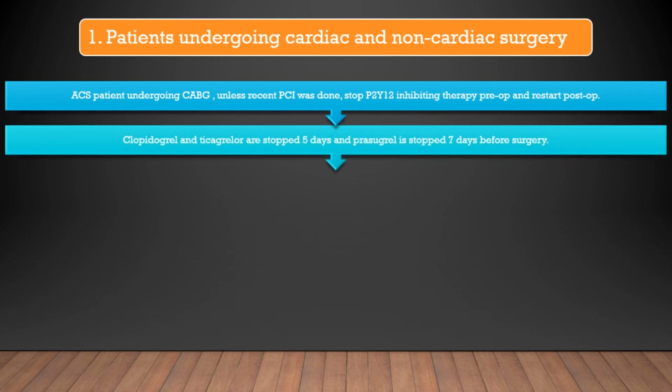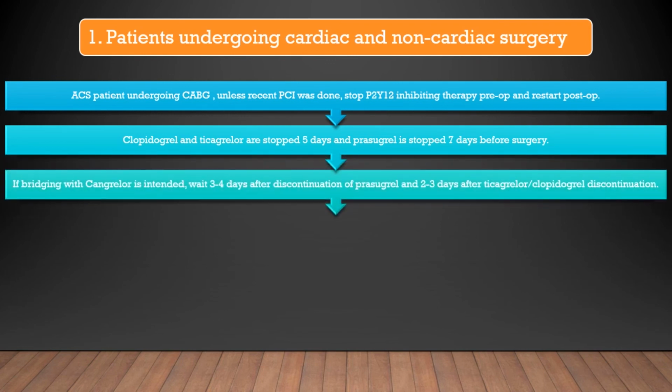Clopidogrel and ticagrelor are stopped 5 days and prasugrel is stopped 7 days before surgery. If bridging with cangrelor is intended, wait 3 to 4 days after discontinuation of prasugrel and 2 to 3 days after ticagrelor or clopidogrel discontinuation.